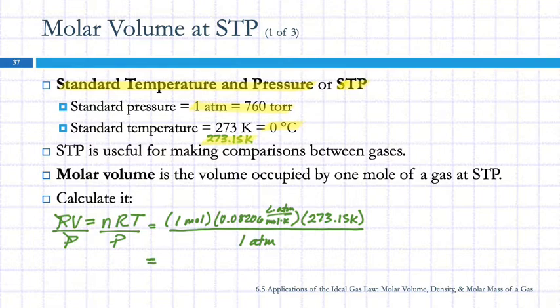So the volume is 22.4. It should have 4 sig figs because of the 0.08206, 22.41 liters. Most of the time, since the problems are using 3 sig figs, you'll see it as 3 sig figs.